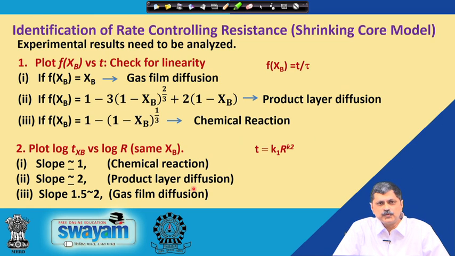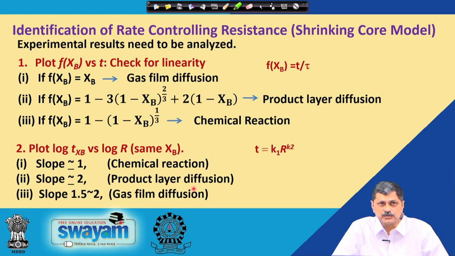Now, we have derived different conversion versus time relationships using the shrinking core model, assuming one of the resistances to be rate controlling. But how do we know which resistance is rate controlling for the reaction?